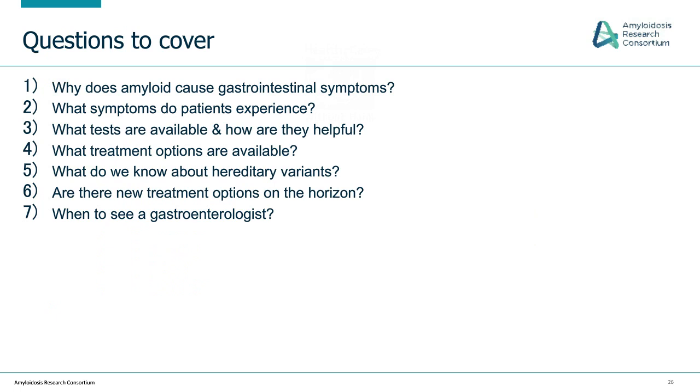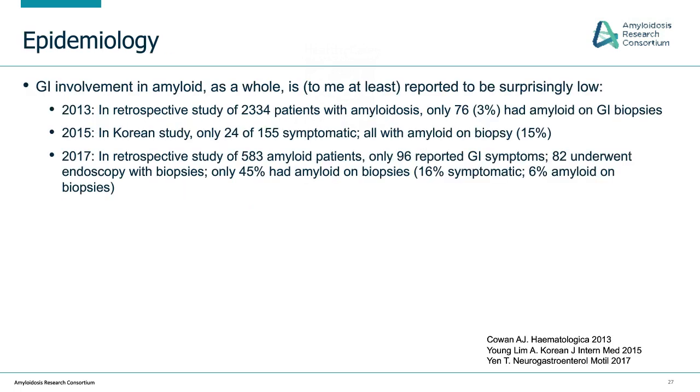So let me turn here and talk about what we know about the yield of doing endoscopy with the gastrointestinal tract, as well as specific variants. And it's interesting to me that the main studies that have looked at how often we see GI involvement with amyloid have reported numbers that have struck me as being relatively low.